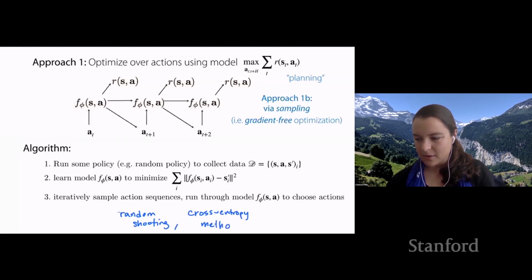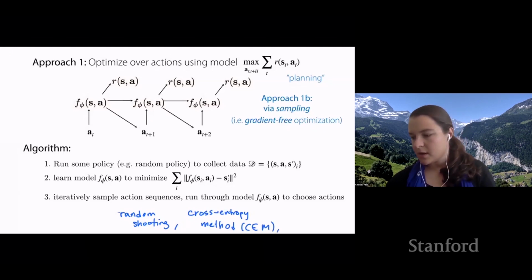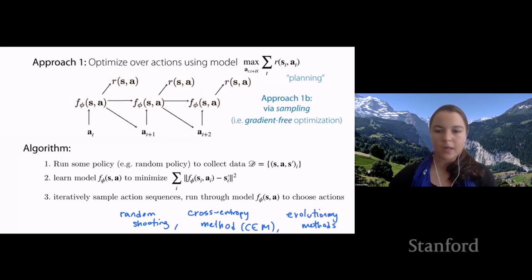It doesn't really have much to do with the cross-entropy loss, which is the iterative approach that I mentioned before. And there's also things like evolutionary methods, which are other forms of gradient-free optimizations. One thing that is nice about this is it's pretty easy to apply these methods to discrete action spaces, although it also actually works pretty well for short horizon continuous action spaces.